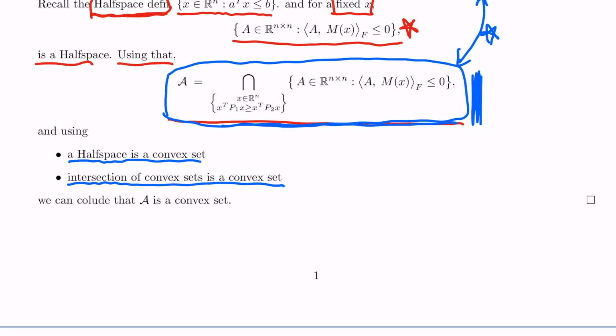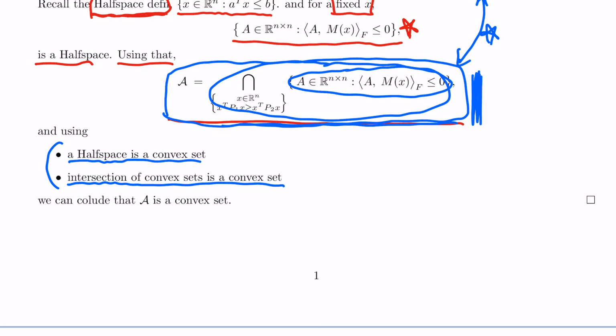Intersection of convex sets is a convex set. Okay, using those properties, first of all, we said that this was a half space, and then we are looking at a bunch of half spaces, and then we are looking at the intersection of them, right? Something like that.